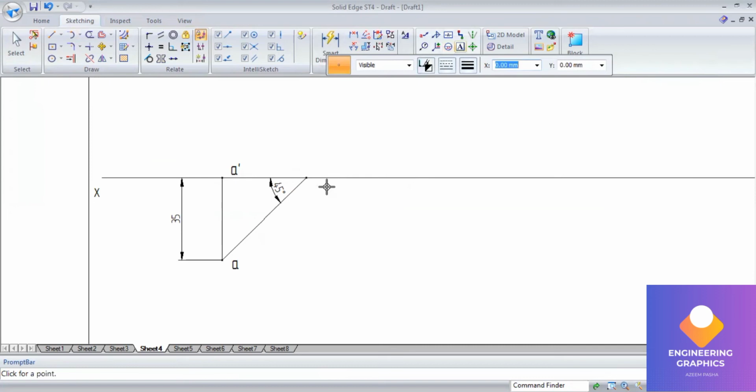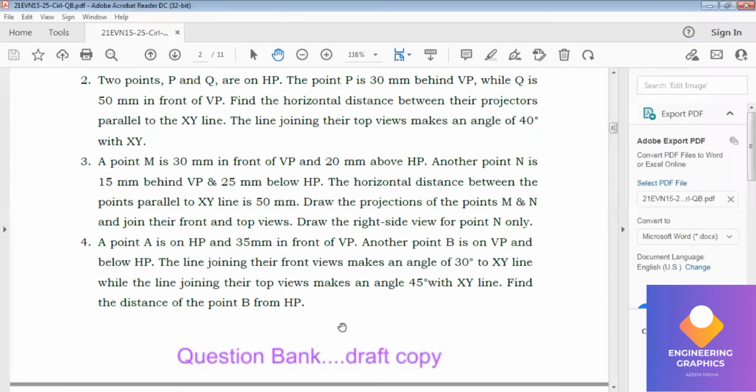So put a point now here, so that on HP, on VP means that is your top view. Now front view you have to draw, and we don't know how much angle, but we can draw the angle line here. You can see the line joining the front views makes an angle of 30 degree to XY. Okay, 30 degree to XY.